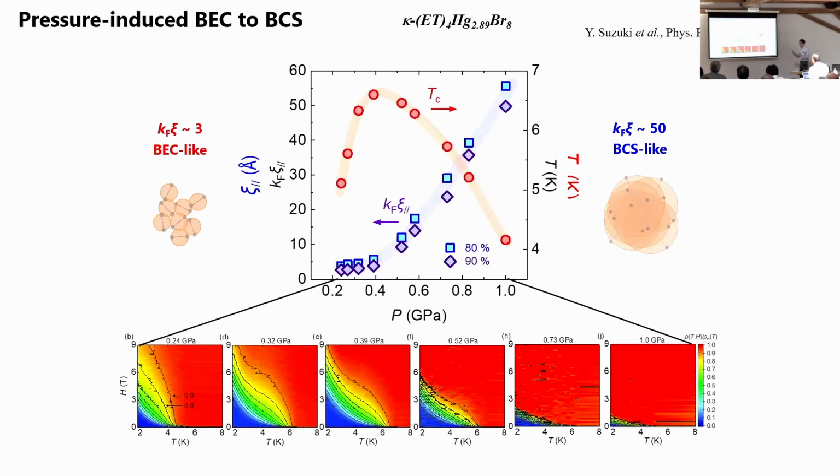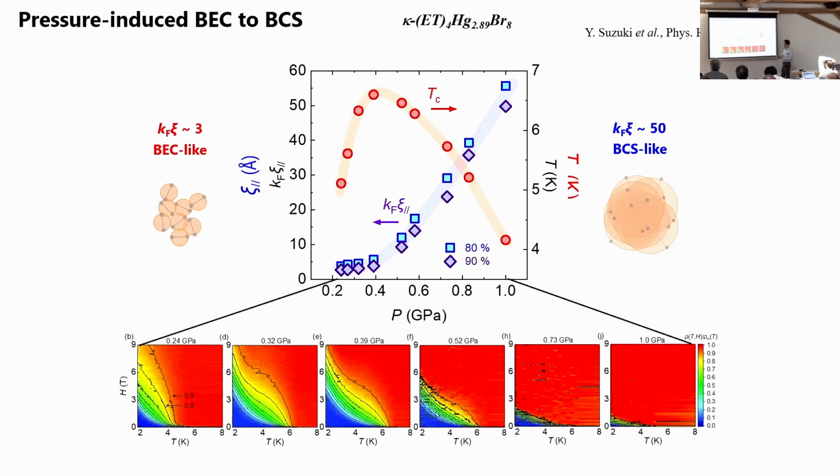We know the carrier numbers from Hall coefficient measurements. So from the Hall number, we estimate the Fermi wavenumber kF. This viewgraph shows kF times the coherence length versus the pressure. At low pressure ranges, kFξ is 3 or 2.